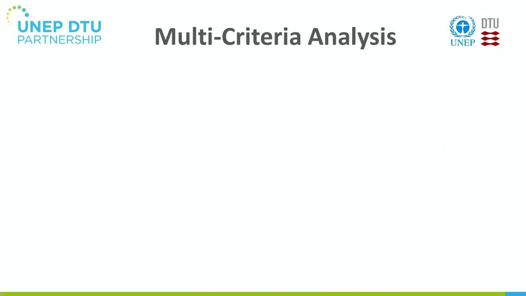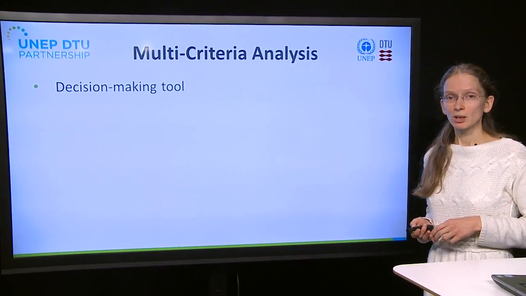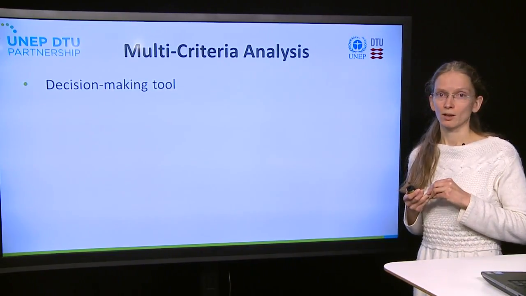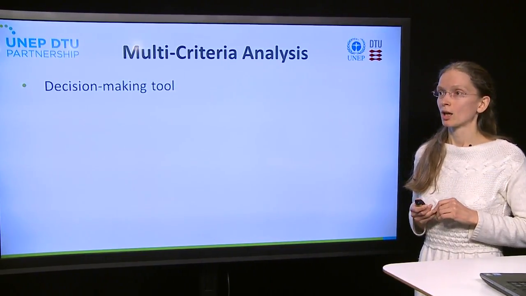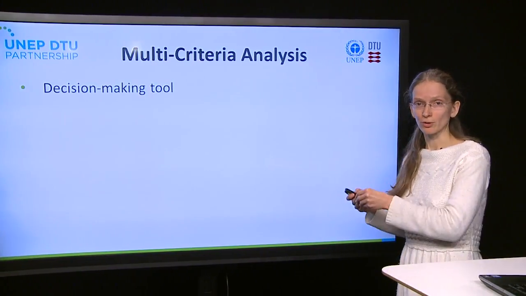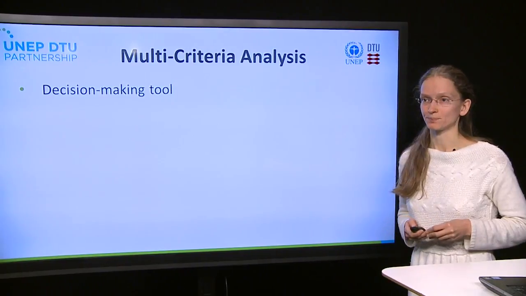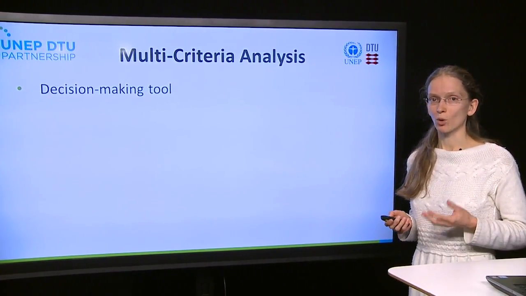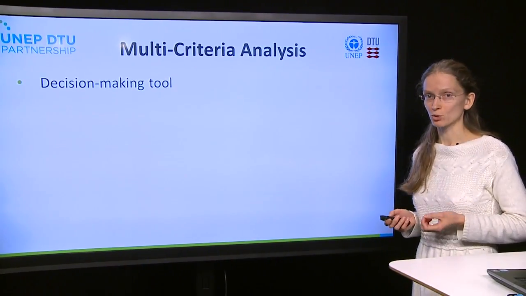What is multi-criteria analysis? It is a decision-making tool. This decision-making tool can be used to find one best option, to rank options in the order from best to worst, and it can also be used to select several best options for the further analysis, which is what we do in the TNA. Multi-criteria analysis is something that we also do in our daily life subconsciously.